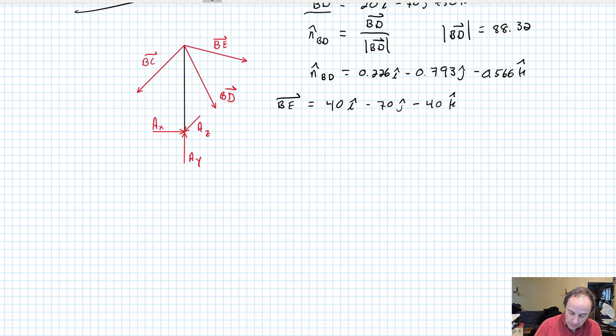The unit vector is that vector divided by that vector's magnitude. The magnitude is the square root of the sum of the squares, which for this one comes out to about 90.